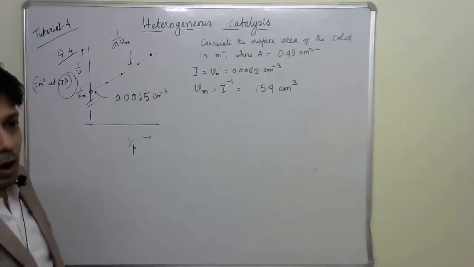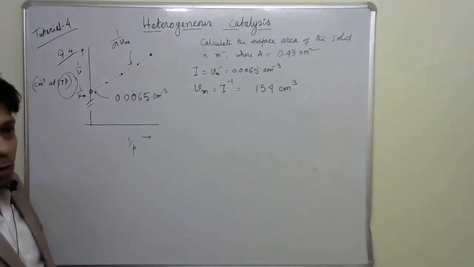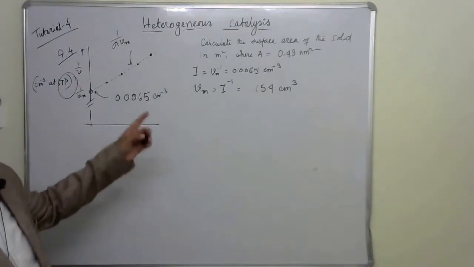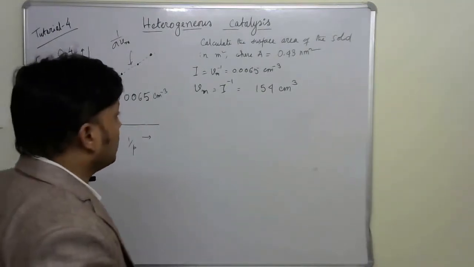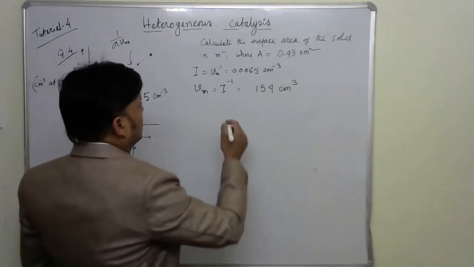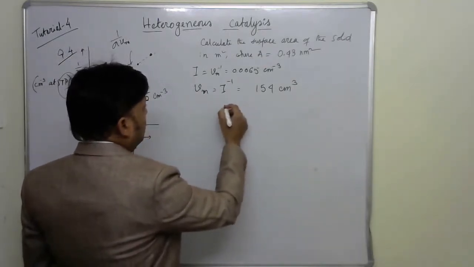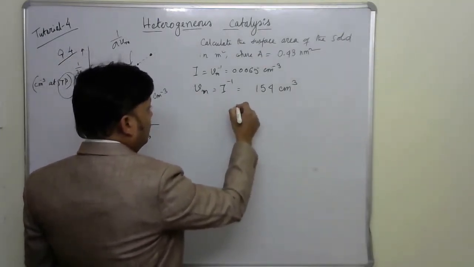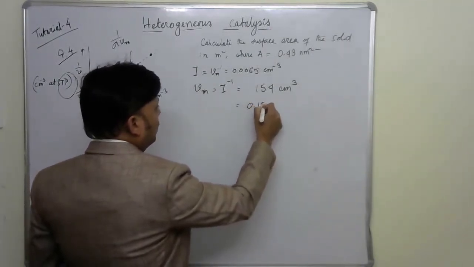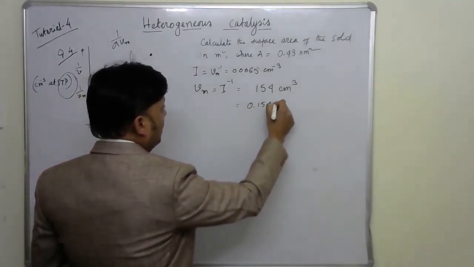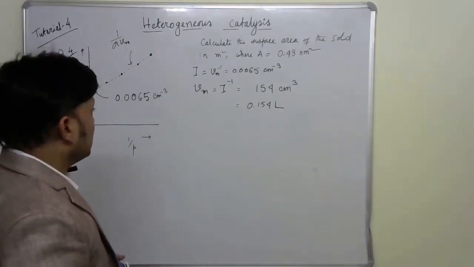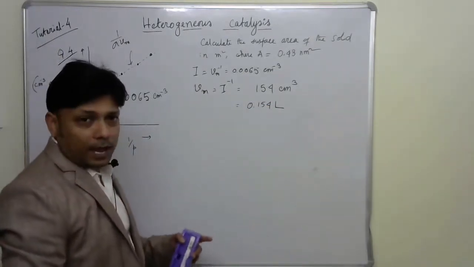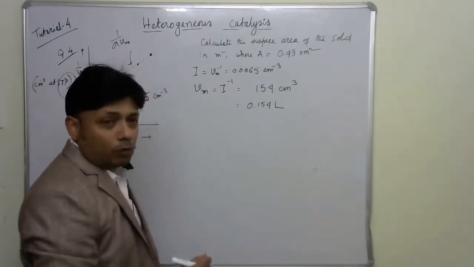So this comes to 154, I have rounded it up here, 154 centimeter cube, and therefore if we convert it into liter, it becomes 0.154 liter. Okay, and we all know that at STP 1 mole of gas would occupy 22.4 liter.